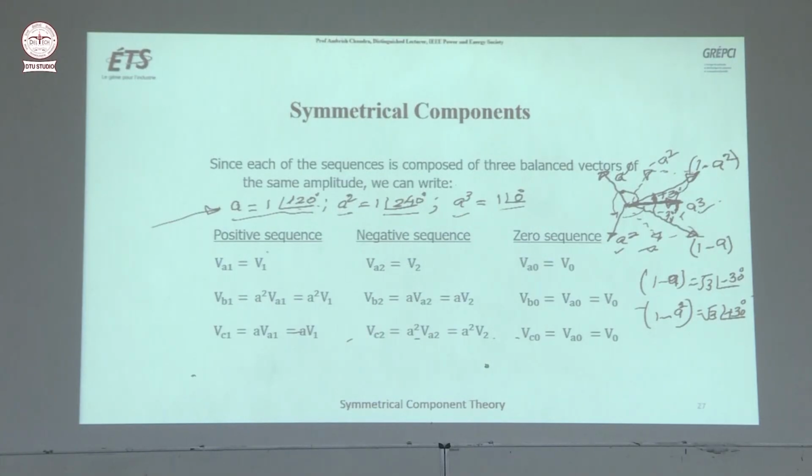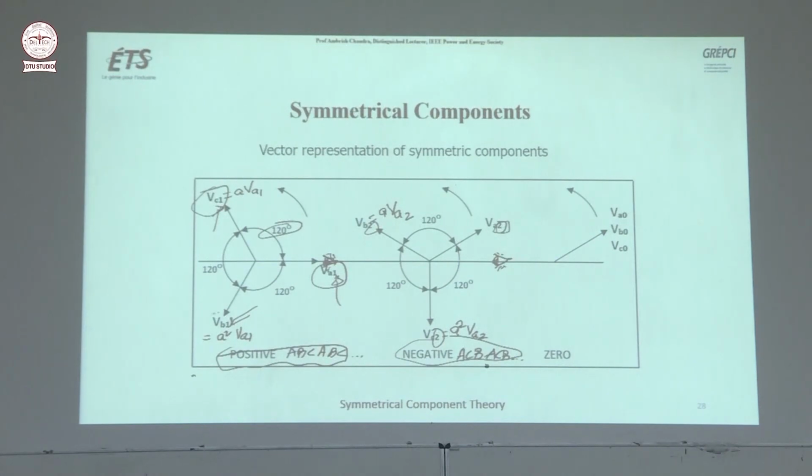So for positive sequence, suppose we say VA1 is equal to V1, then VB1 is equal to this, because we have seen that to get VB1 from VA1, you have to multiply it by A and another A. So that is why we have A square VA1.